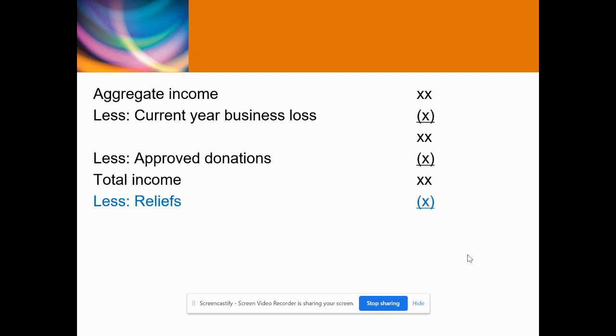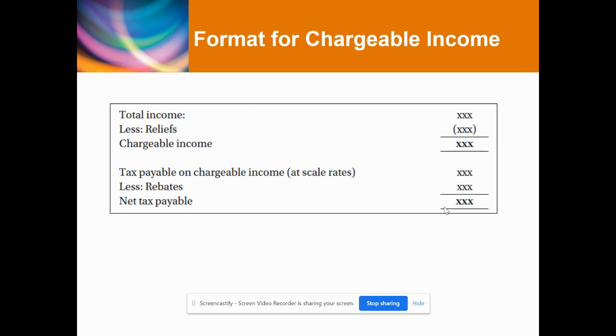So this is where reliefs come in. You have a total income here, and we can deduct our personal reliefs. This will give you a chargeable income. Just now we talked about rebates. When you have a chargeable income, you have a tax payable.